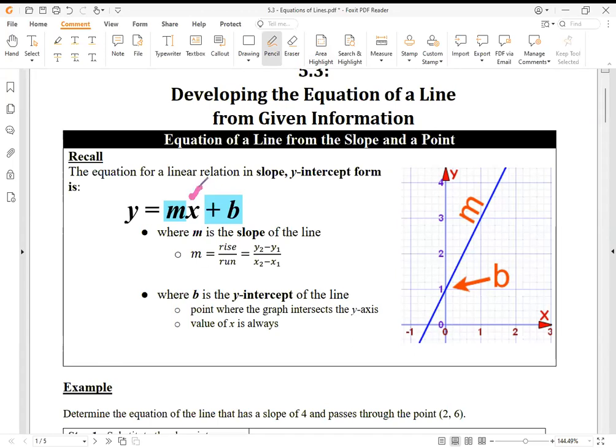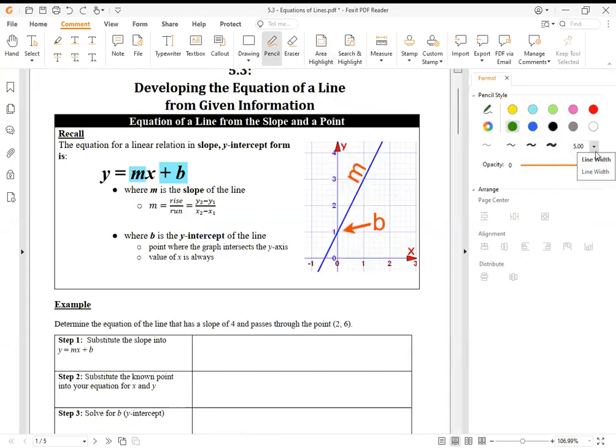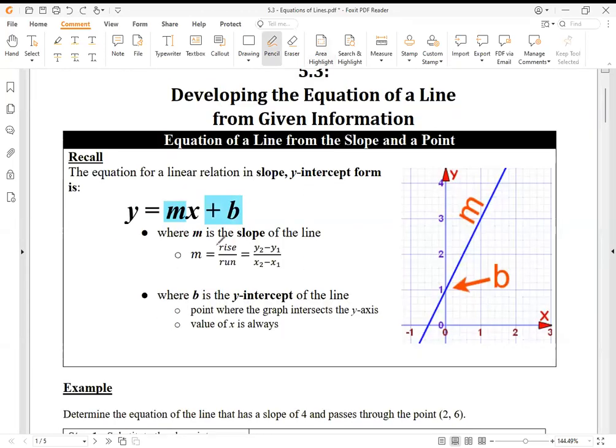We're supposed to leave them alone because the whole point is if you plug in an X, you can calculate Y, or if you know what the Y is supposed to be and you plug it in, you can calculate X. The whole point is to solve for X and Y, which means our hunt is always going to be what is M, and what is B.